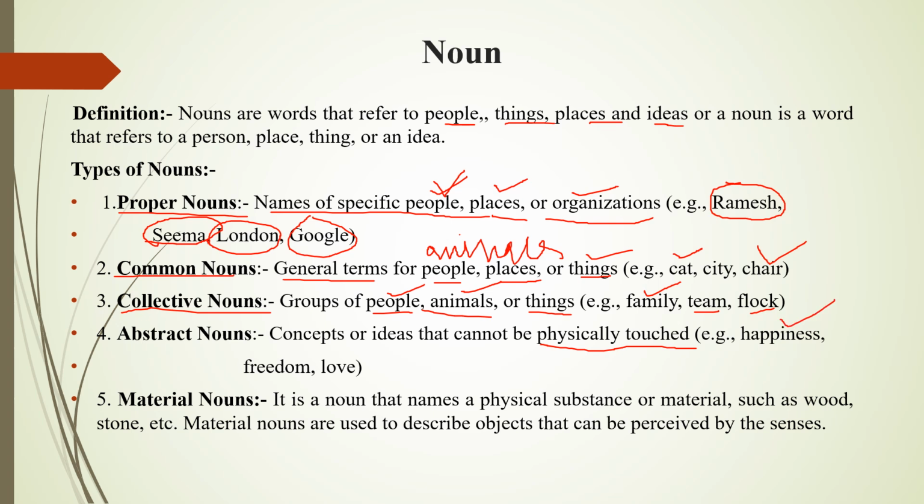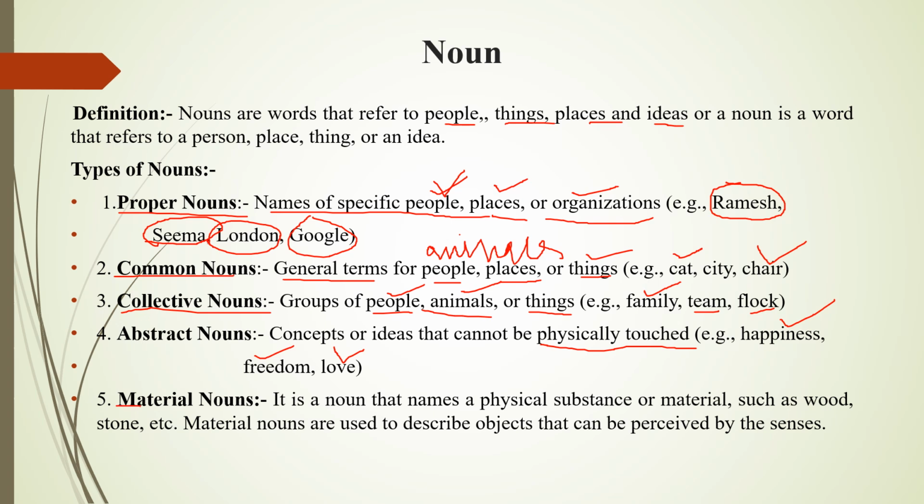Happiness is only a concept. It is only a feeling. Happiness we cannot see, we cannot touch it. Again, freedom, the same. It is an idea, it is a concept. We cannot see or touch it. Love, again, it is a concept or idea. We cannot see it or touch it.